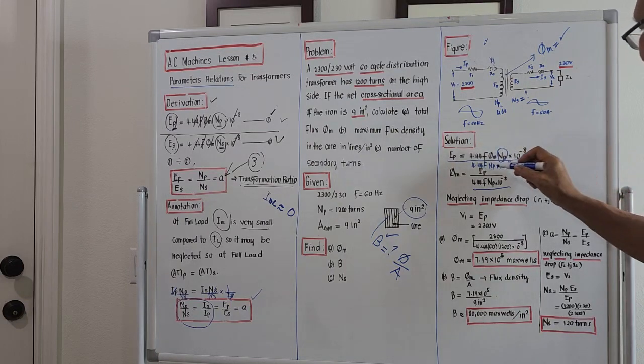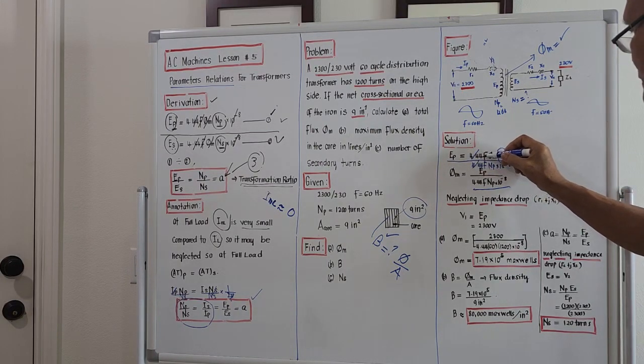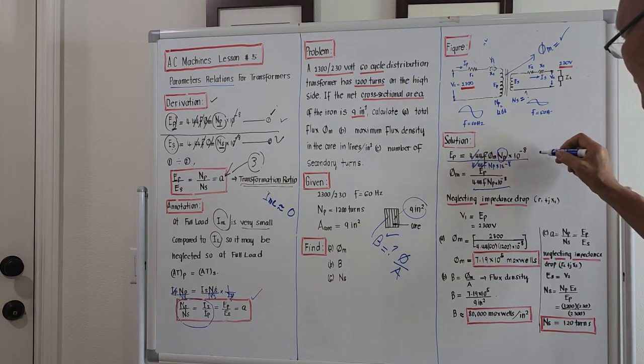On the right hand side, the 4.44 cancels and the frequency cancels. What's the other one?